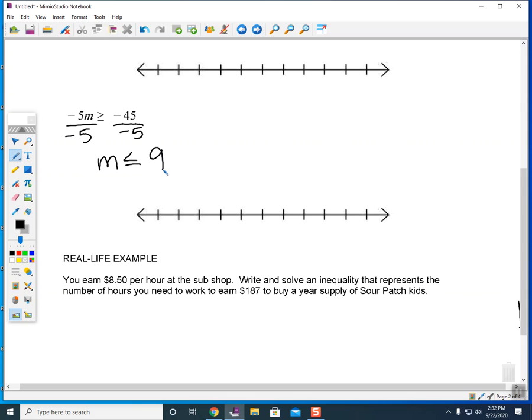When I graph this, less than or equal to means a closed dot at 9, with my arrow pointing to the left.